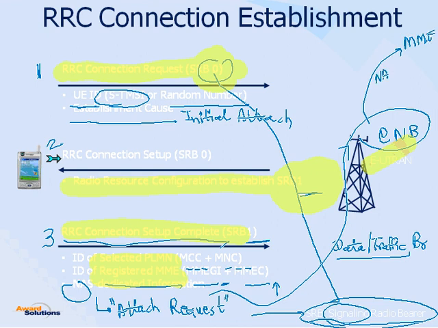The NAS information directly goes to the MME because the attach request is for the MME. The core network is responsible to process such messages. The radio network is not responsible for the attach operation. So it is just forwarding the non-access message that it got from the UE to the MME, and the MME will process that attach request message.